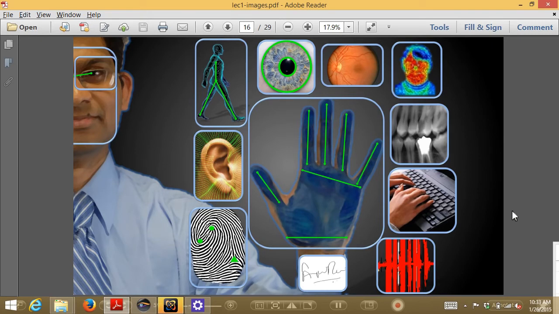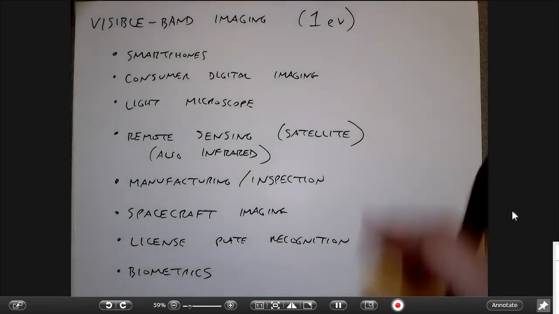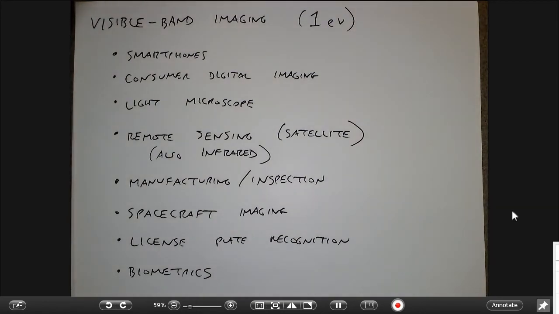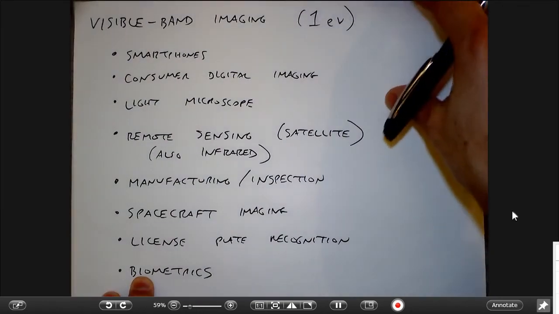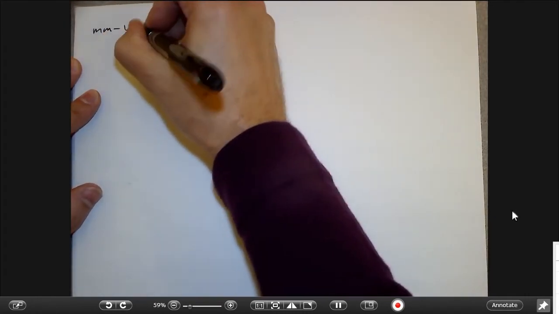Okay, but we can go beyond the visible spectrum the other way, right? So far we started out at gamma rays and went down to X-rays, down to what we could see. Then you can actually go beyond what we can see in the other direction to basically microwave. Actually, in the middle of that is what you call millimeter wave or terahertz imaging.